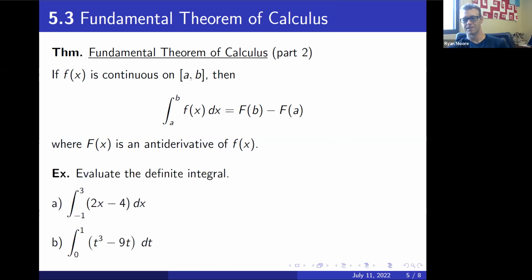All right, some examples I think is a good idea here. We're going to evaluate the definite integral for both of these. We're going to see just exactly how the fundamental theorem of calculus and this new formula here with the capital F actually look in a problem. The idea is, again, it makes our work way simpler than doing the limit of that summation.